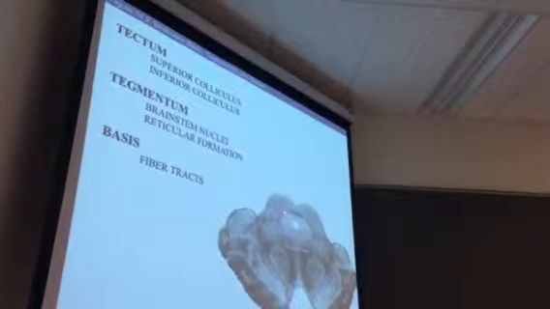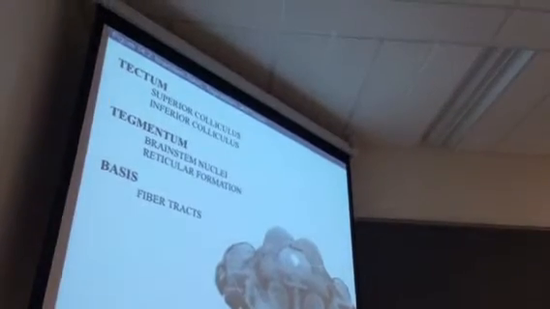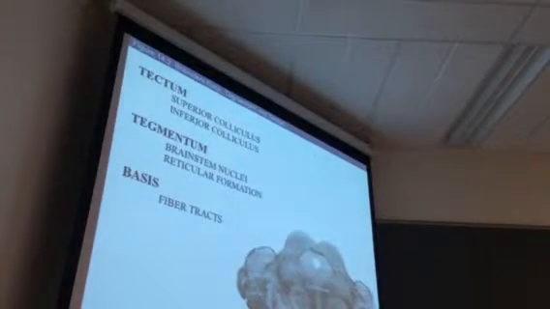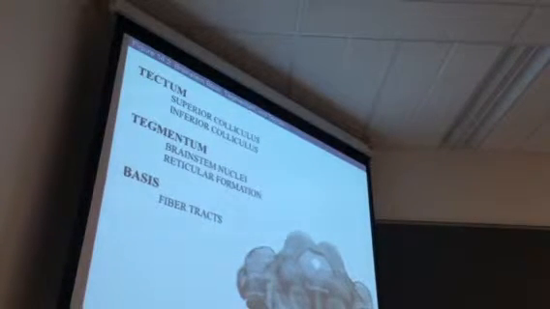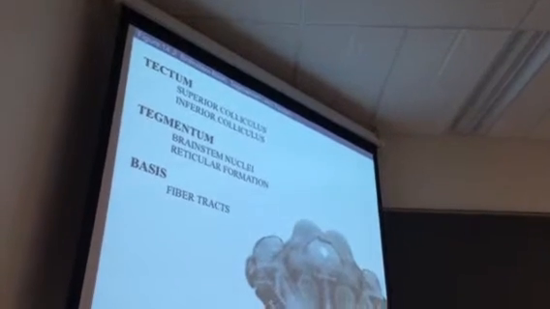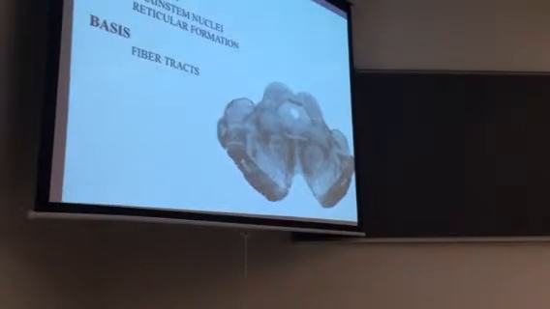So the tectum. Overwhelmingly, the tectum is superior and inferior colliculi. So we have the two colliculi sitting here. These are the superior colliculi. Now, if you were to go back and look at some of the figures that we looked at for the cranial nerves, you'd see the colliculi sitting one above the other.